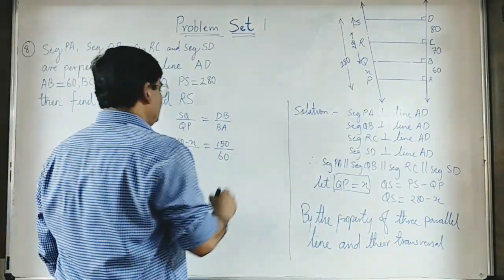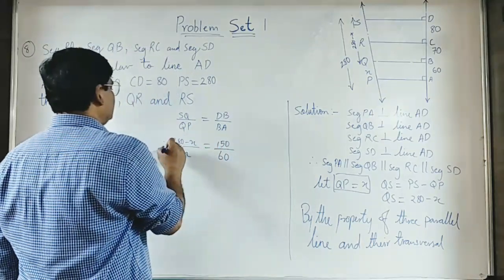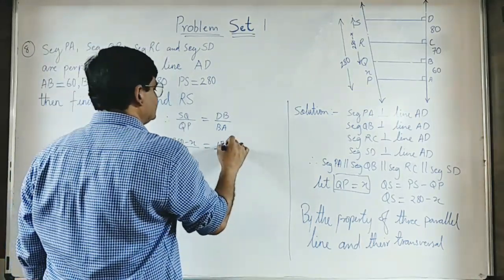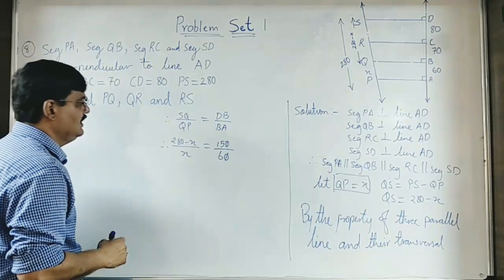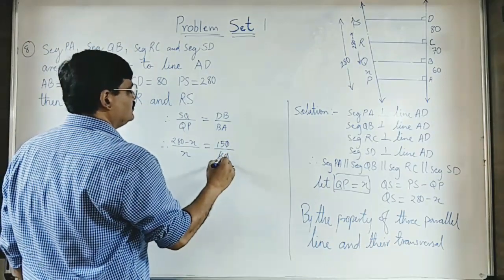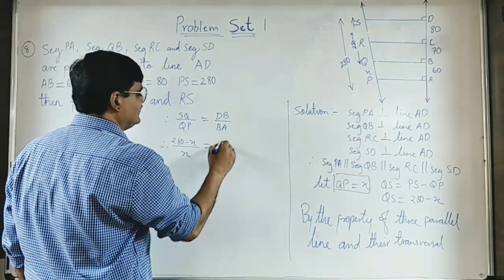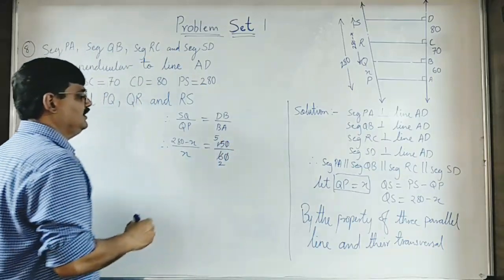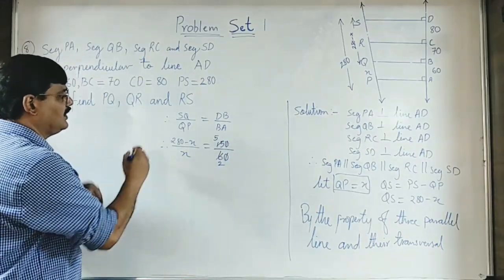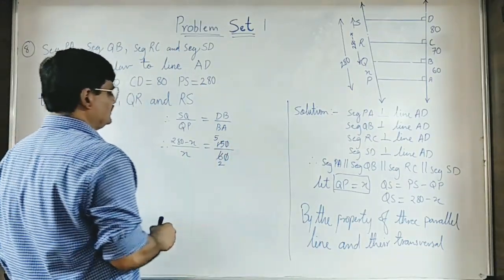Now here, can I do one cancellation? In this case, 60 and 60, the zeros will get cancelled. 2 threes are 6 and 3 fives are 15. So here I get a cancellation, and now I'll do the cross multiplication.